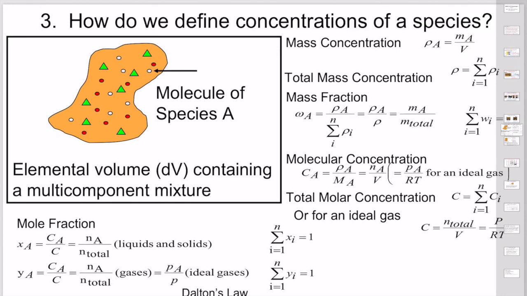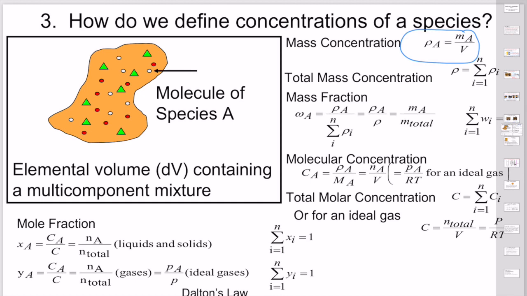When we talk about diffusion, we need to talk about concentrations, because the driving force of diffusion is concentration, a higher concentration versus a lower concentration. So there are several ways that we can define concentration. One of them is the mass concentration, which is the density of the species A. A is what is diffusing.